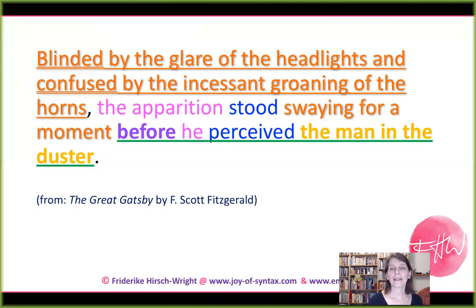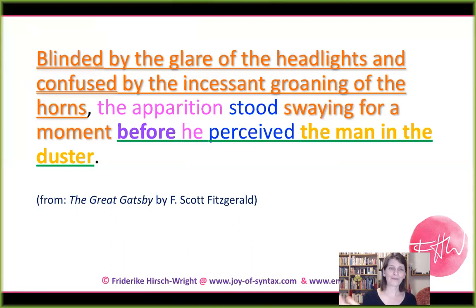So we see that we have actually a compound adjective phrase as predicate appositive, and it's placed in the initial position. And then we have a participle construction as predicate appositive in final position. And see, it is in final position. We have the subject, we have the verb, the intransitive verb, and we could have an adverb like the apparition stood in the driveway or stood there, but Fitzgerald left it out, and then we have the predicate appositive, which shows us what the apparition was doing.